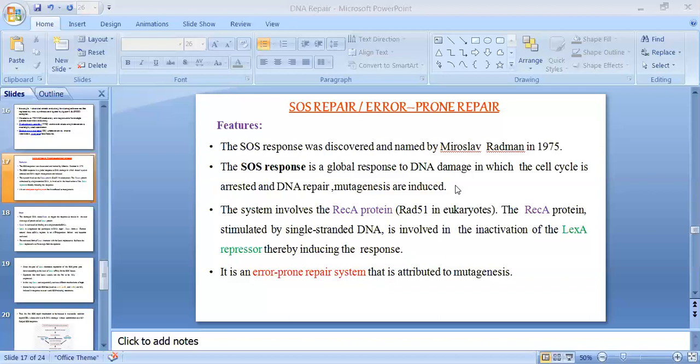Otherwise, it will be mutated, or mutagenesis. That means replication will not be there. So it is very important to repair the damaged DNA during the cell cycle.